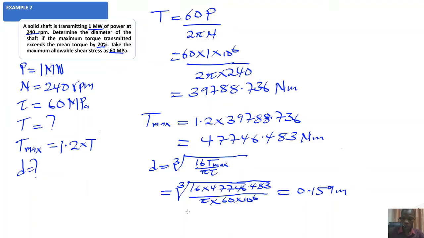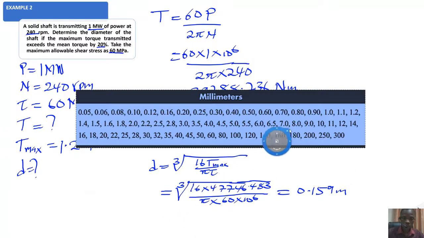So if we look at the table, we can see here that 159 millimeters falls between 140 and 160. 140 is too low, so that is out, and 160 is okay.